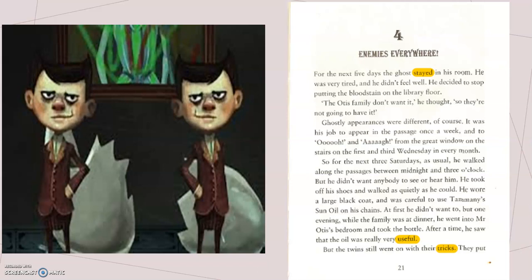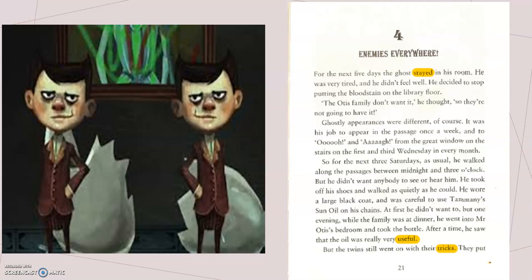So for the next 3 Saturdays, as usual, he walked along the passages between midnight and 3 o'clock. But he didn't want anybody to see or hear him. He took off his shoes and walked as quietly as he could. He wore a large black coat and was careful to use Tammany's oil on his chains.